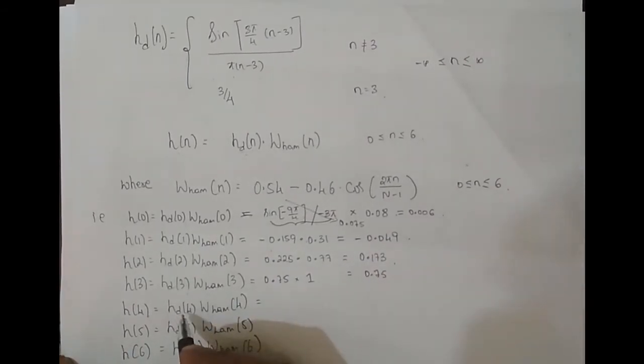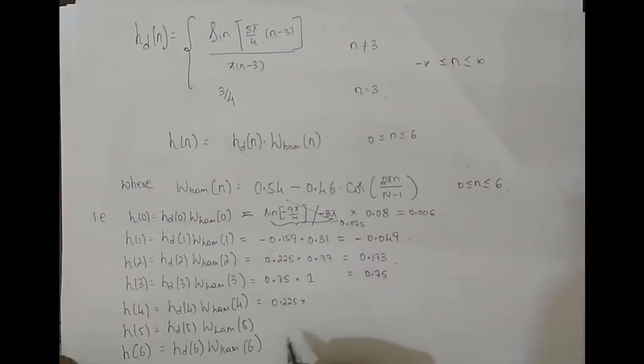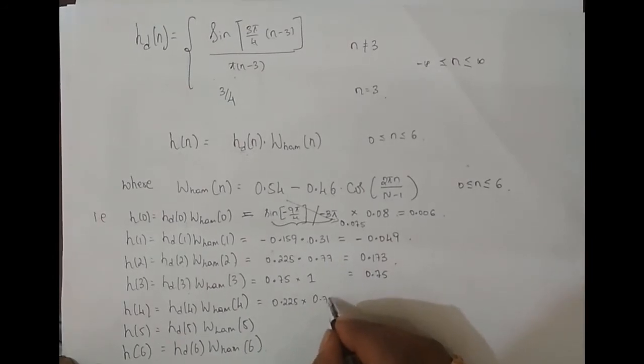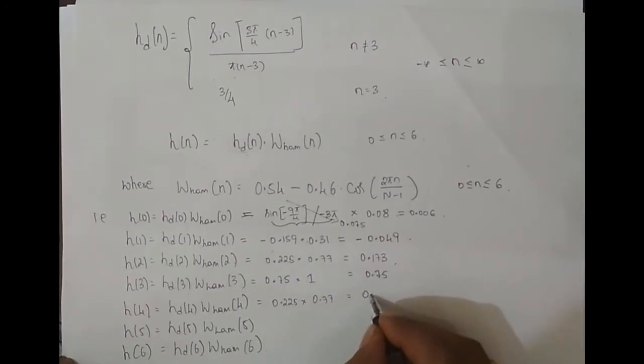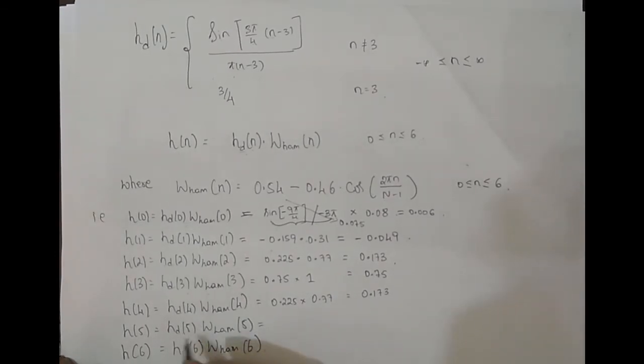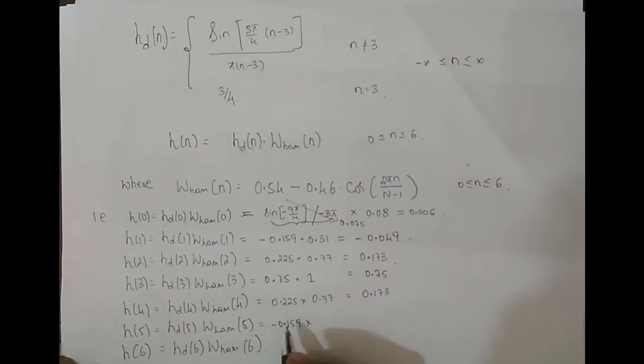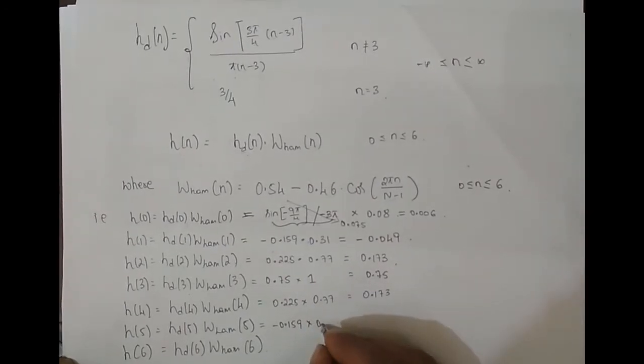And hd of 4, so we get 0.225 into w Hamming of 4, so we get 0.77, which is equal to 0.173. hd of 5, we get minus 0.159 into w Hamming of 5, we get 0.31.